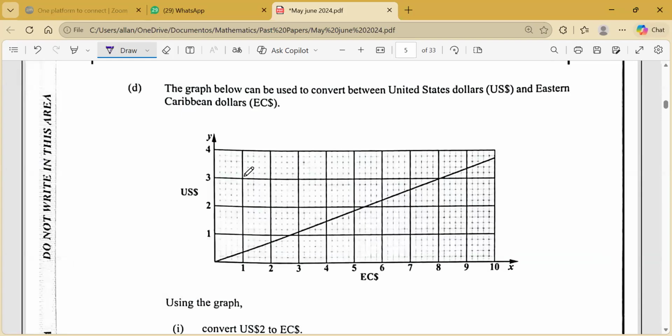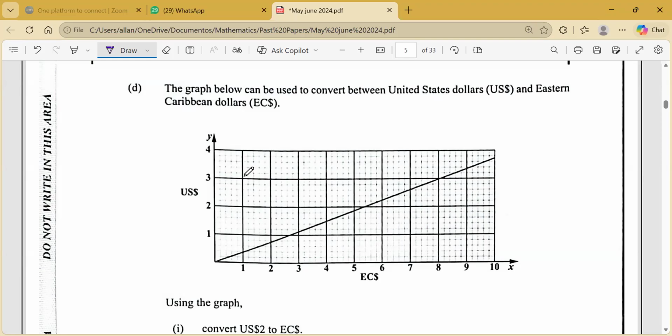So the question says, the graph below can be used to convert between United States dollars and the Eastern Caribbean dollar. EC. It would be nice for people to ask their family to take you to Grenada, Dominica, St. Vincent and the Grenadines, beautiful places, Antigua.